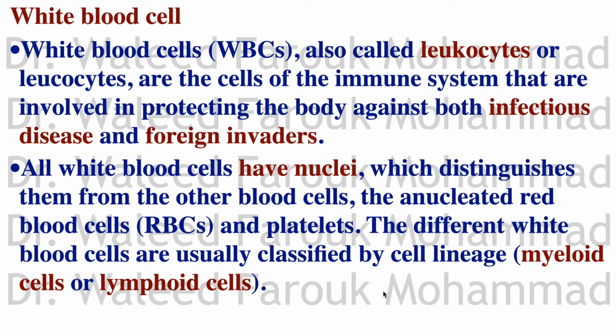You can classify the white blood cells according to their cell lineage into myeloid cells and lymphoid cells, and according to structure or granulation into granulocytes and agranulocytes.